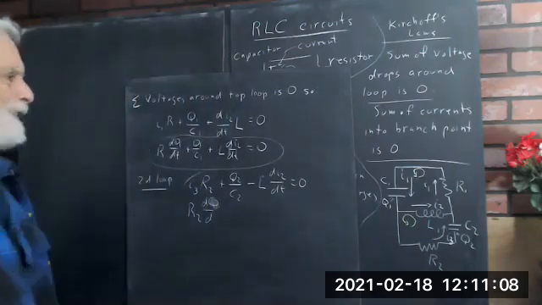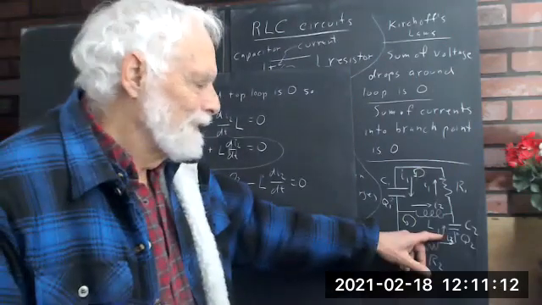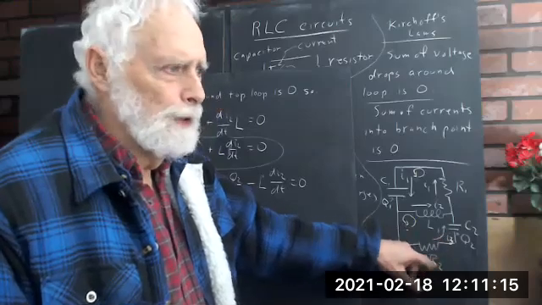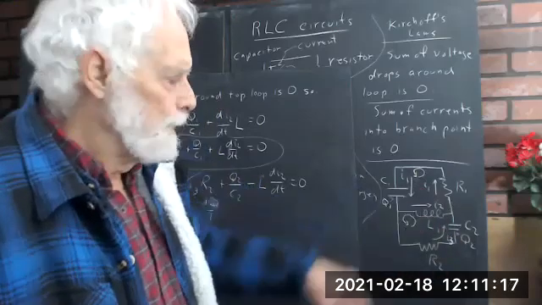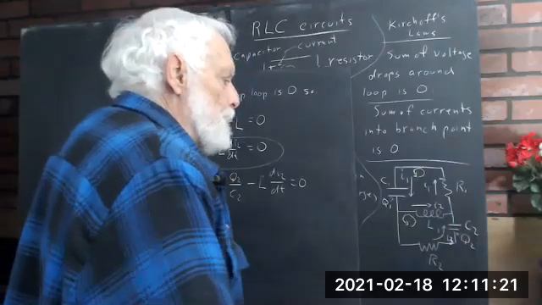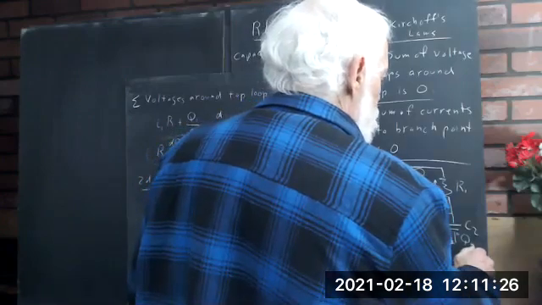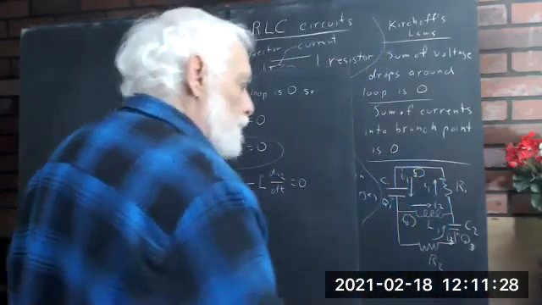Except then if I want I3 to be the derivative of the charge here, that's going to cause me problems. So I'm going to change this to Q3 so it matches the I3.